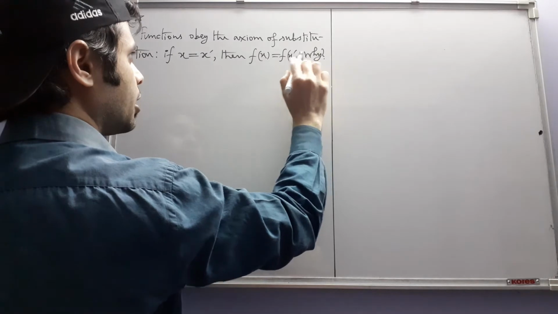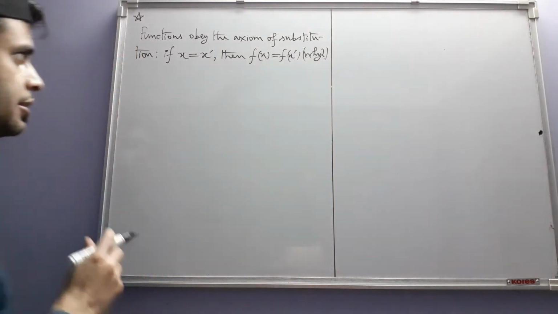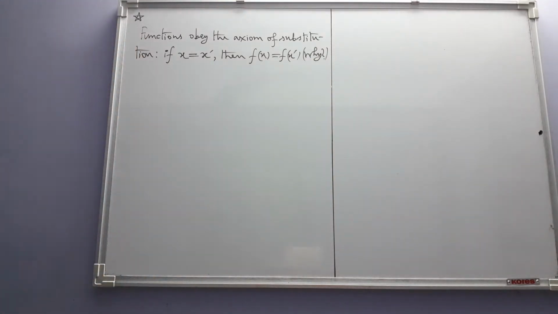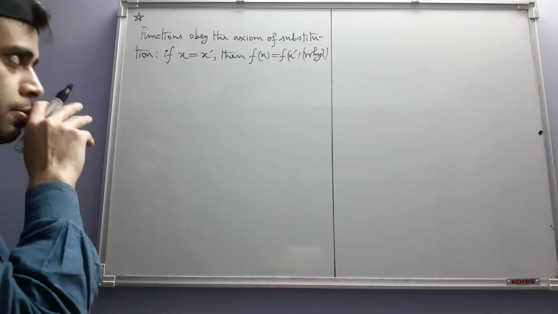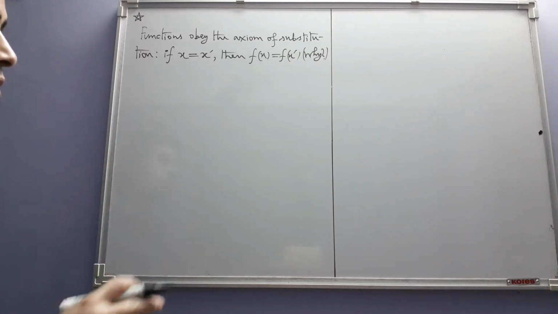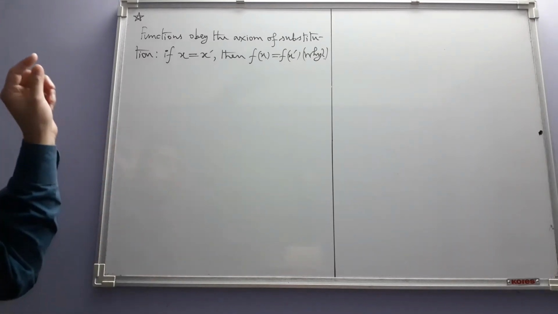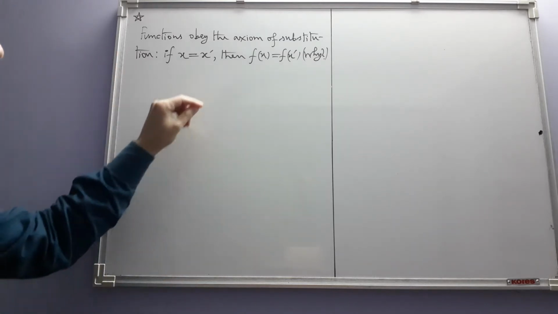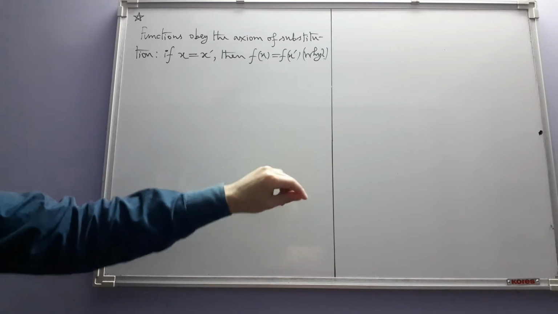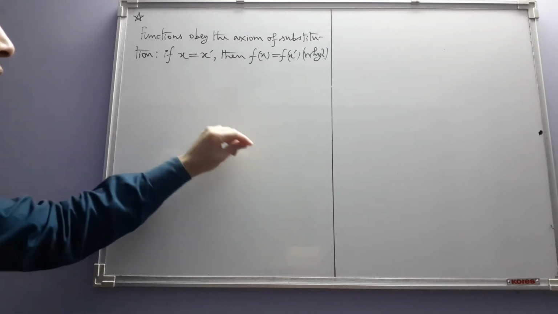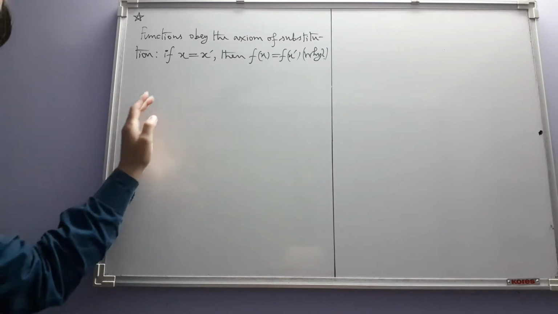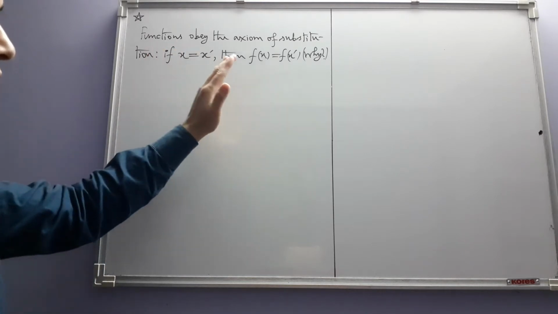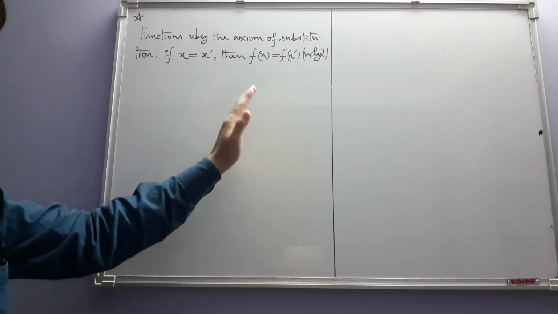The author asks why, and this of course comes from the definition of a function, specifically the condition which says that for a given element in the domain, the output should be unique. There should be a unique element in the range to which the given element is associated by the function.